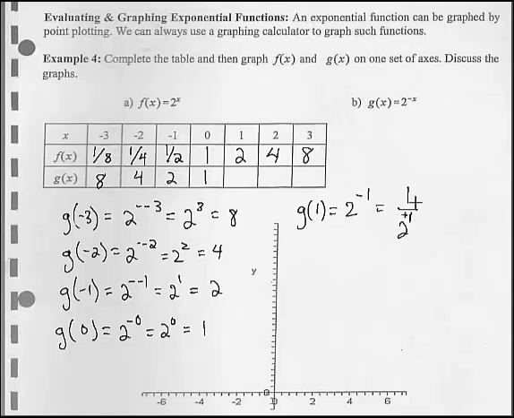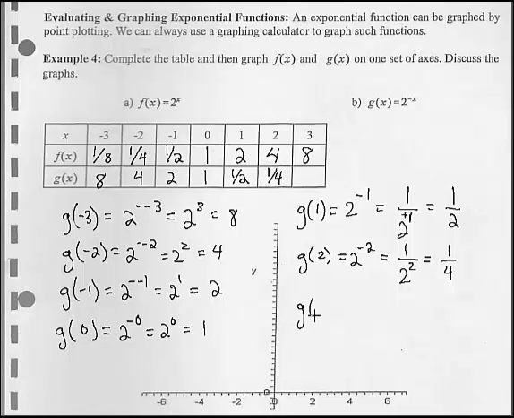The exponent now becomes positive because I've moved the base from the numerator to the denominator, and this can be written as 1/2. G of 2 would be 2 raised to the negative 2 power, which is 1 over 2 squared, getting 1/4 for g of 2.